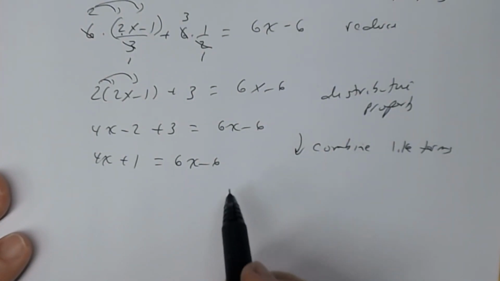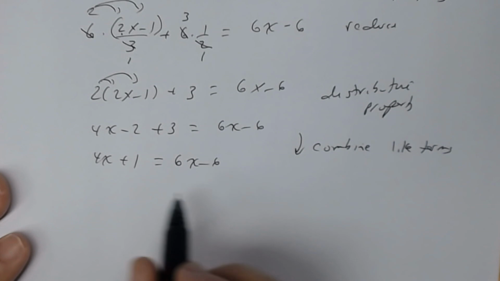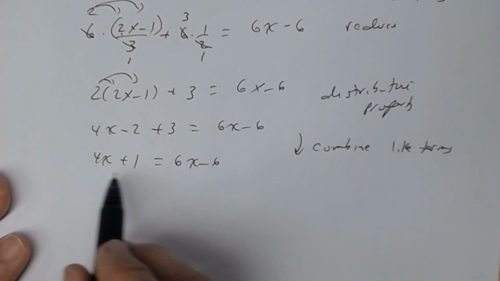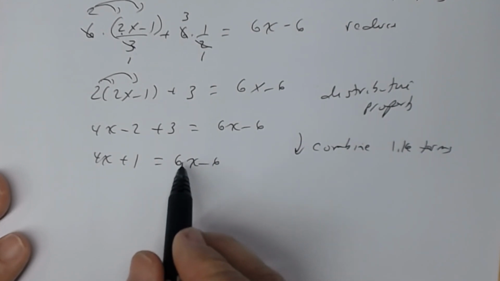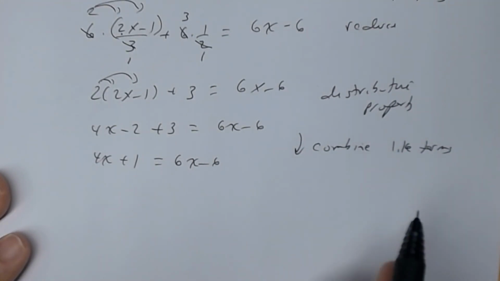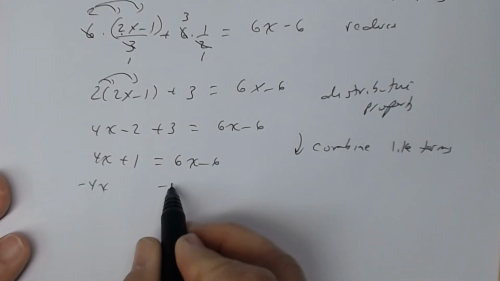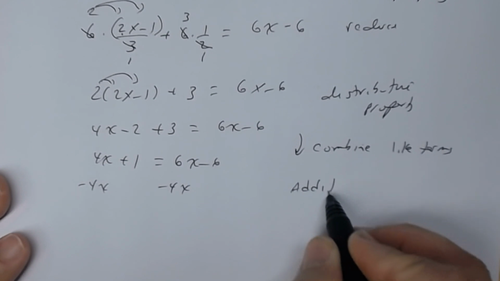And now, since this is linear, I'm going to bring all the variables to one side, constants to the other. It's easier to bring the x's to the right, since 6 is positive and it's bigger than 4. So I'm going to subtract 4x. And notice what I'm using here is the addition property of equality.